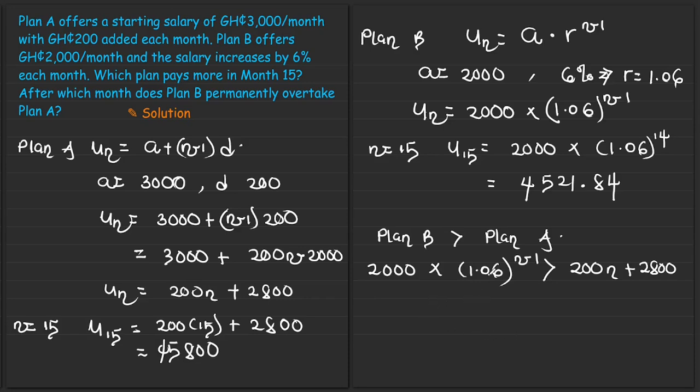So you take your calculator and you punch all of this on your calculator. Then press calculate where n is equal to 20.